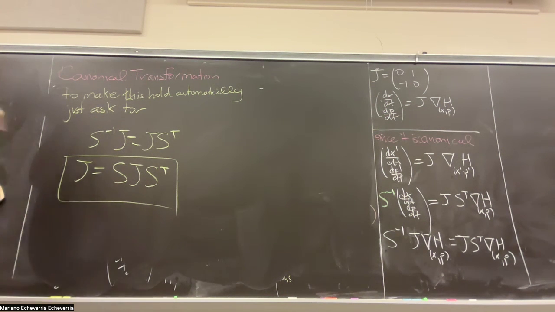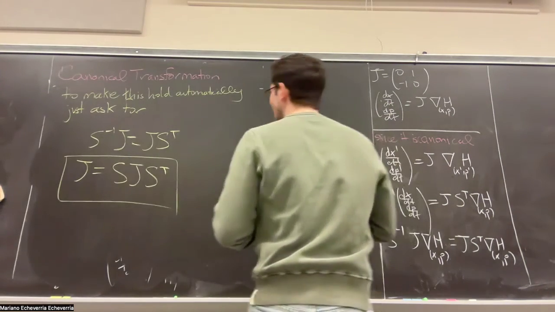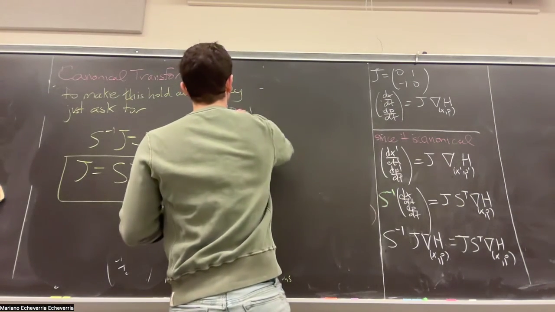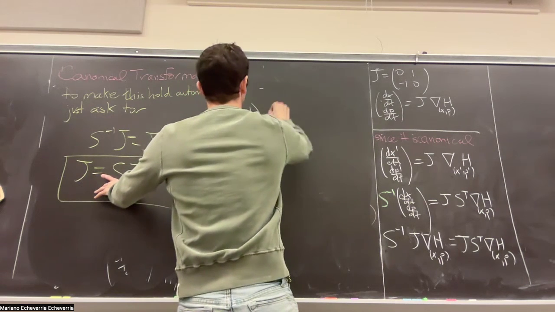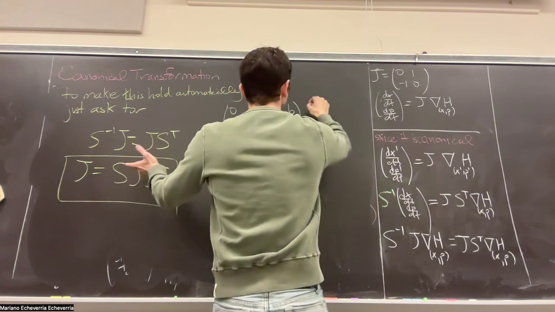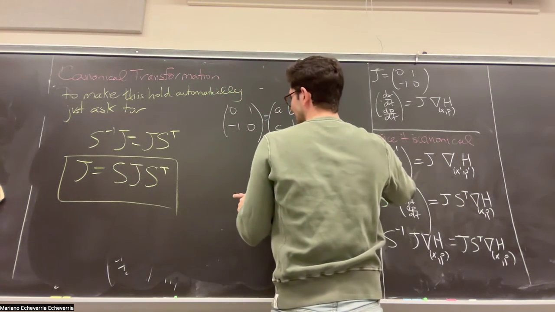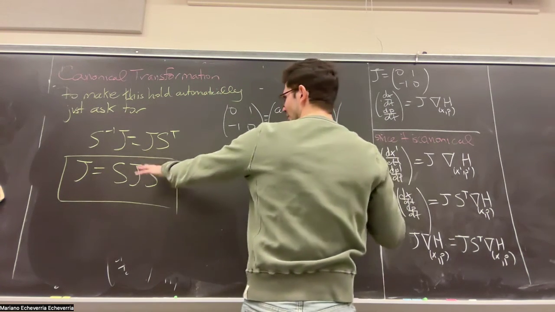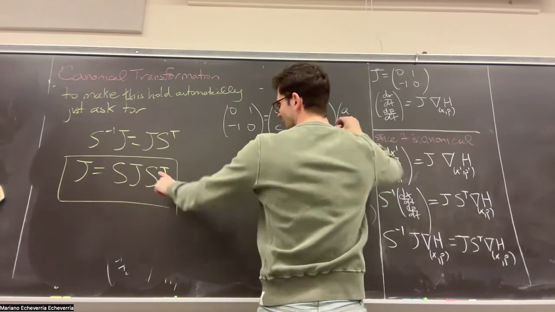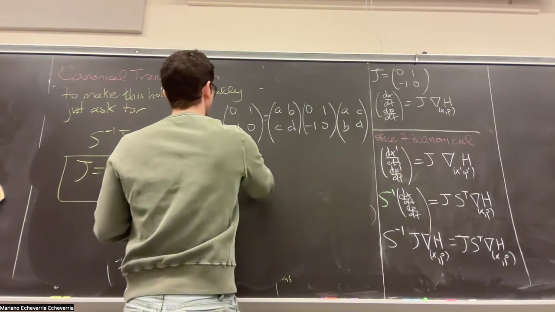So let's just work this out explicitly in the 2x2 case. It's nice to see how this looks. That's why I like 2x2 matrices, because everything can be done super quickly. The matrix S is A, B, C, D. J is 0, 1, negative 1, 0, and the transpose is A, B, C, D. It's an easy multiplication.